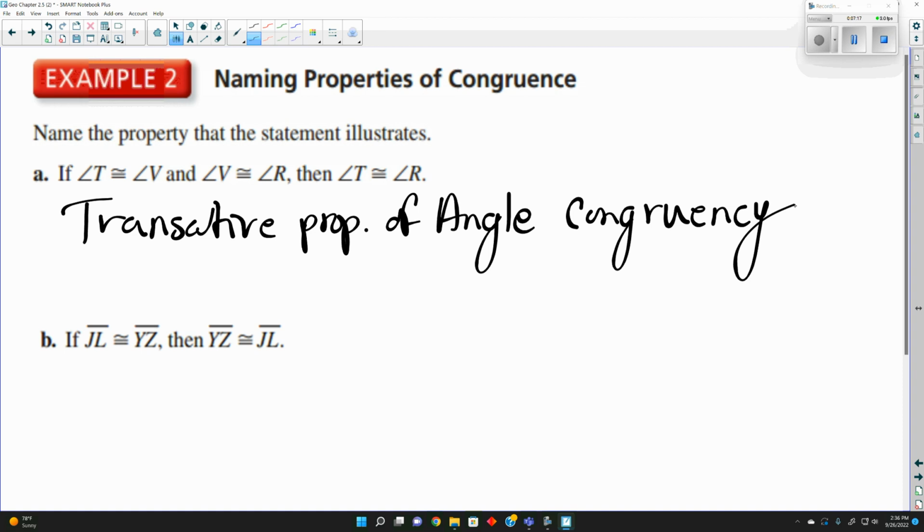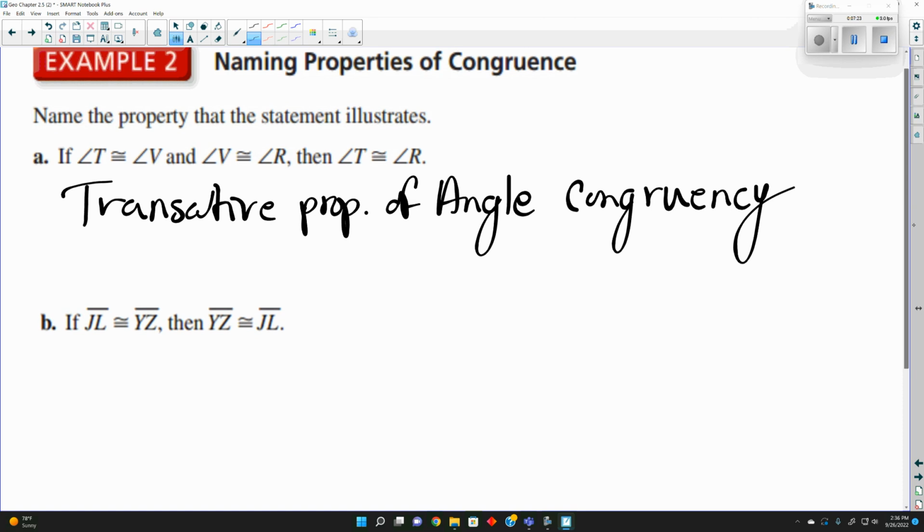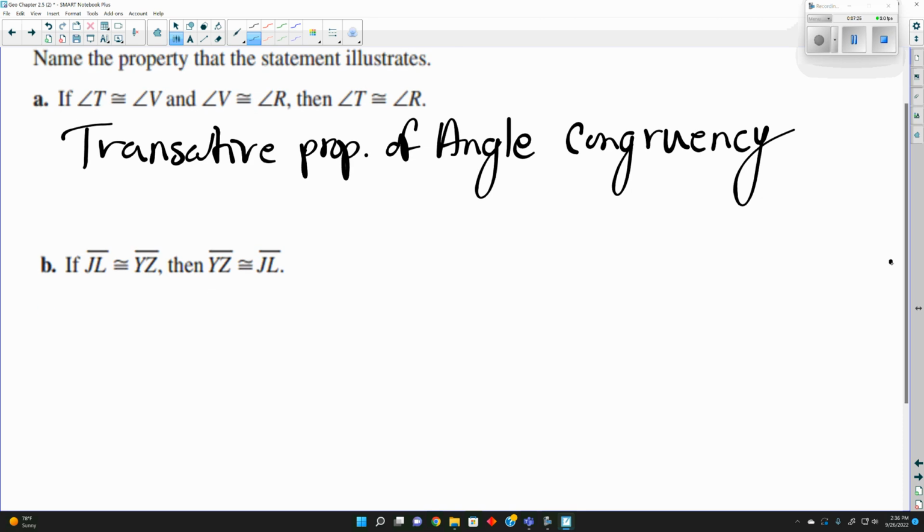Angle congruency or angle congruence, because we're talking about angles, not segments. And we say congruency because we're talking about two things being congruent, not equal. Because if they were just equal, then it would be our properties of equality.